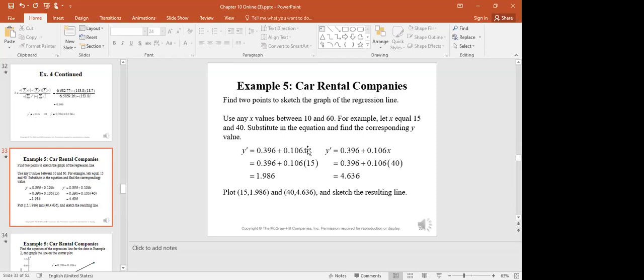We replace x in the equation, and we find that y prime equals 1.96. If we replace x by 40, we have y prime equal to 4.63. So you can make a prediction by replacing the value of x in the equation of y prime.